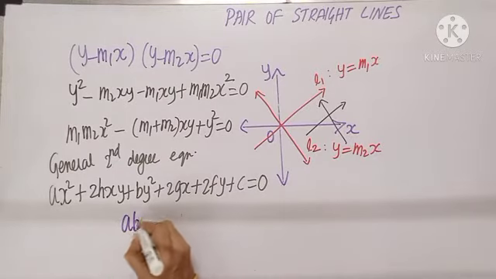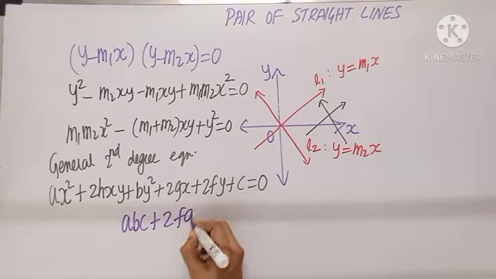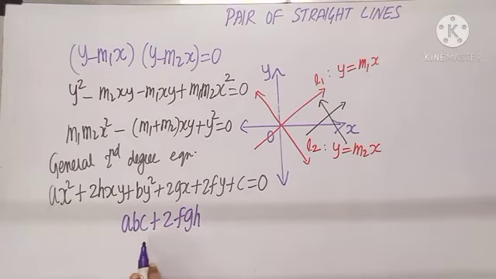ABC plus 2FGH. How do you remember? ABC, first three alphabets. The next three alphabets that come in this equation are FGH. So next three, so put twice.